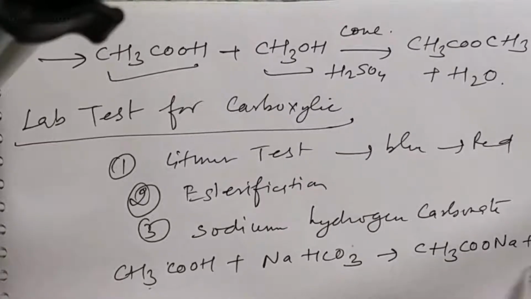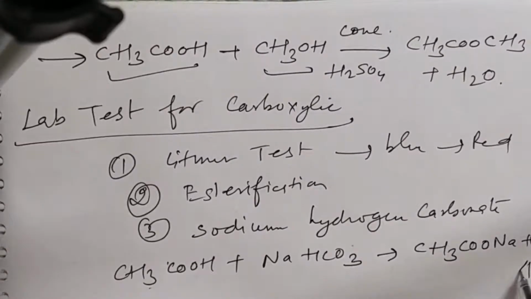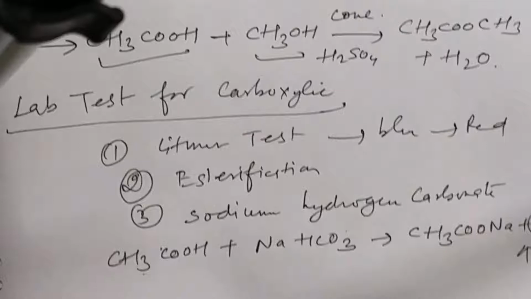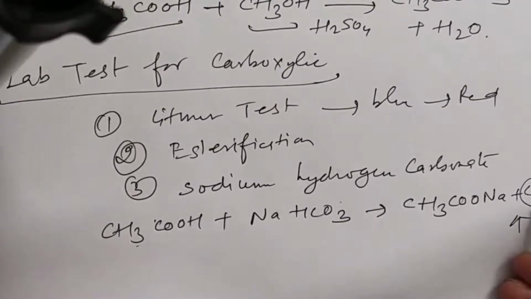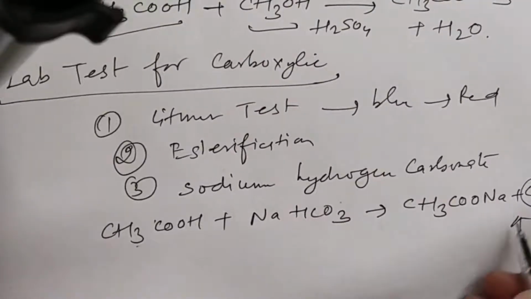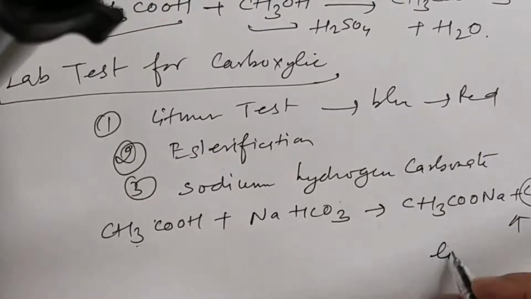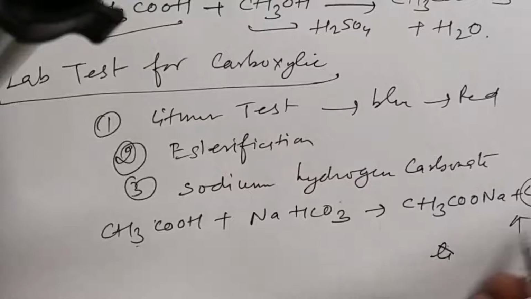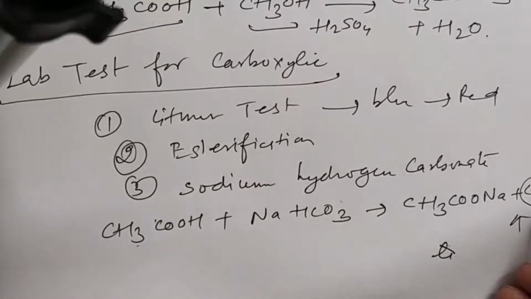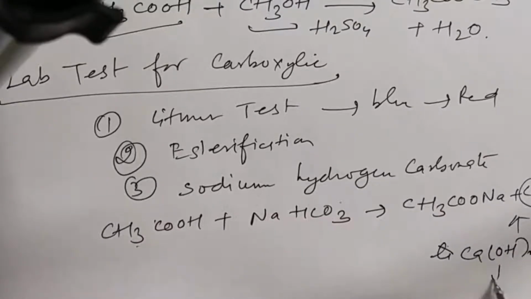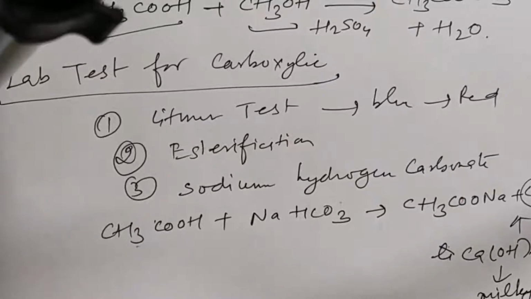So you can test here with this carbon dioxide gas, when you are passing carbon dioxide gas through calcium hydroxide, it will turn milky. Okay, so this is how you can test it.